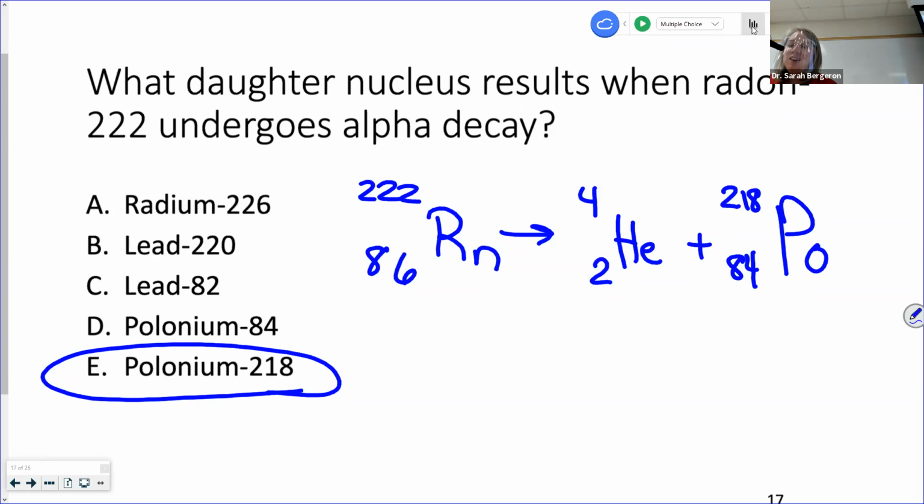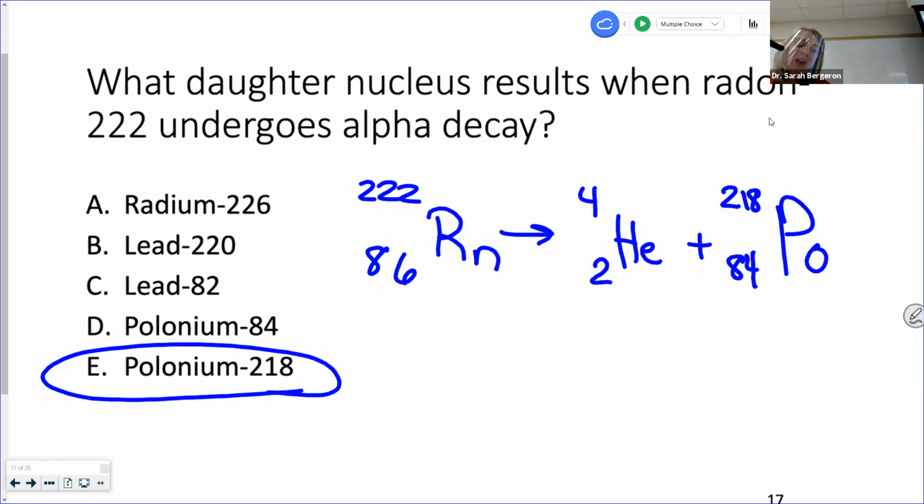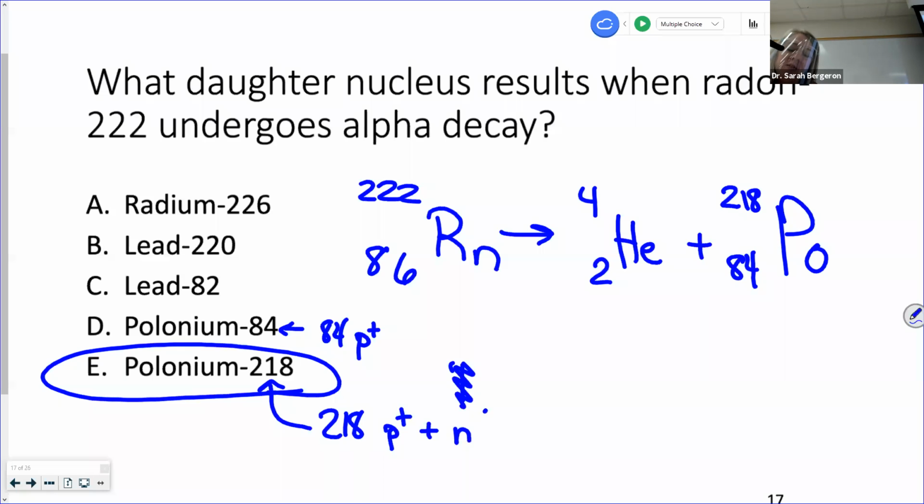So when we give a name, if I say polonium 84, that's telling me that I have 84 protons. Would that tell me anything about an isotope? No. But if I say I have 218 protons plus neutrons, what can everybody in this room do?